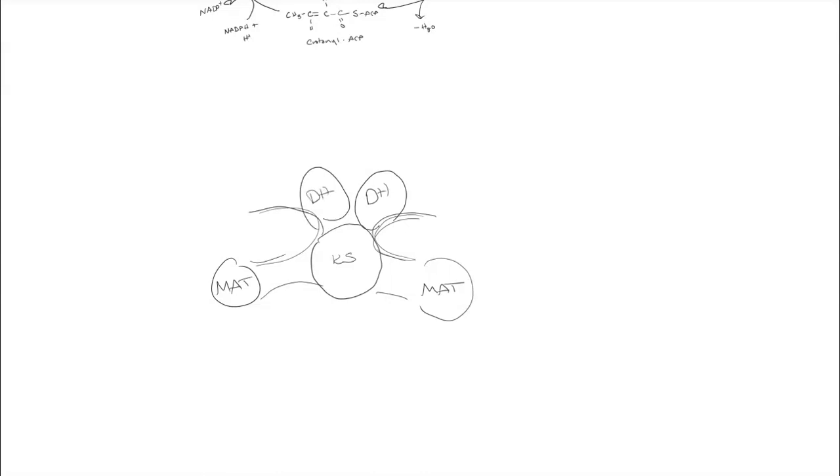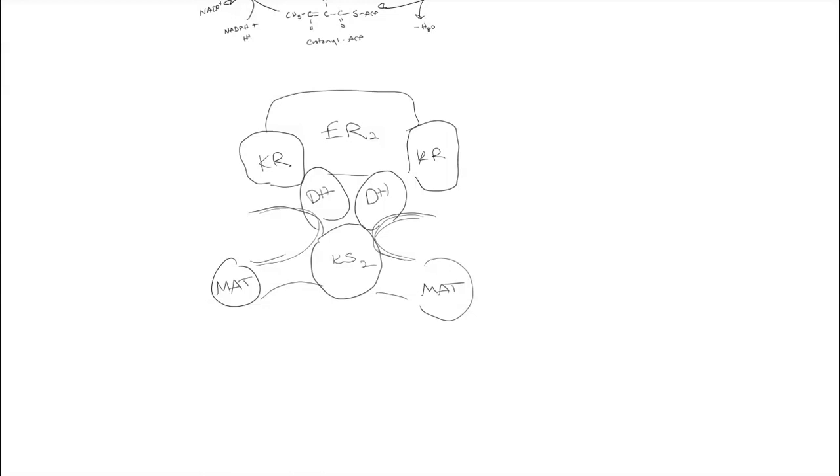We have our KR, or our reductase. And we have our ER, our enoyl ACP reductase. So we have our different reductases. We have two equivalents of the ER here.